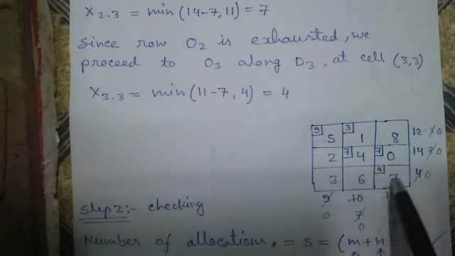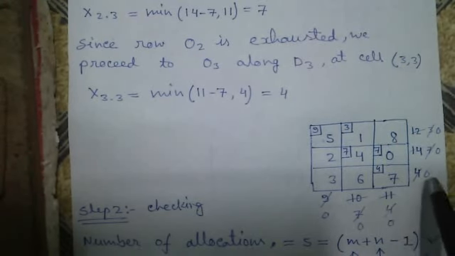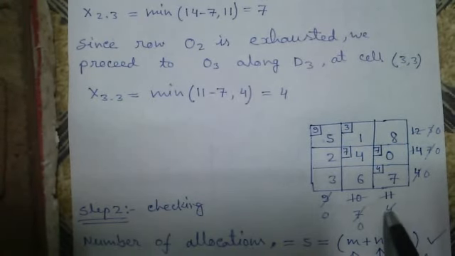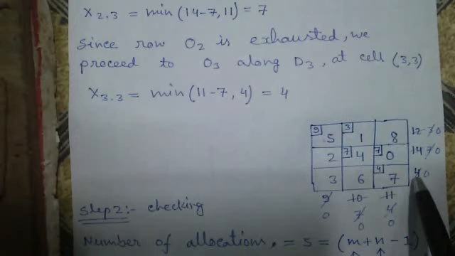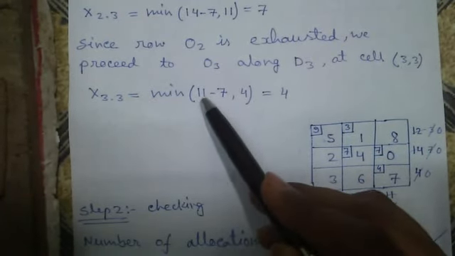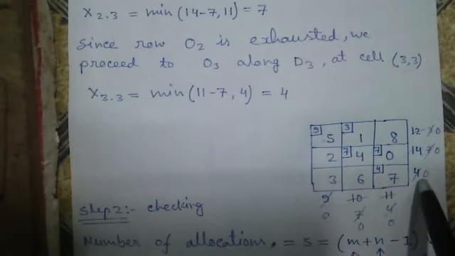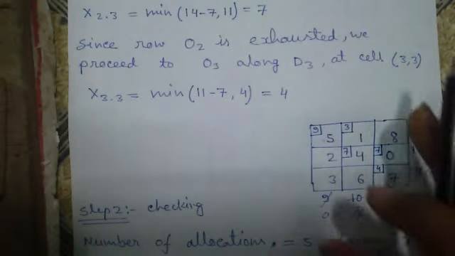That means downward, this position, row 3, column 3. At 3, 3, we have a demand of 4 and a supply of 4. So we can allocate 4 directly: the minimum of 11 minus 7, comma the supply 4, is allocated to this location.